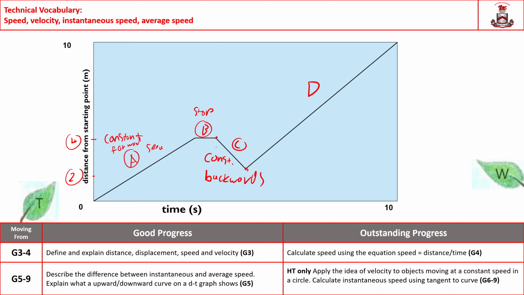Now for D, this line, and so A and D look like they are the same slope. So again, they're moving at a constant speed forward, and it is the same speed as A.